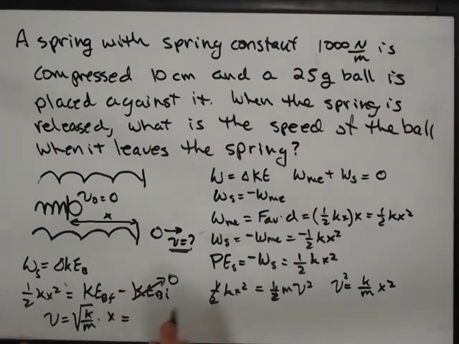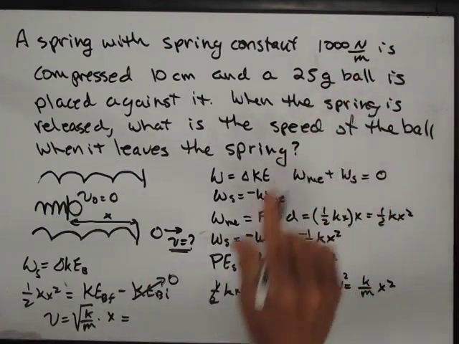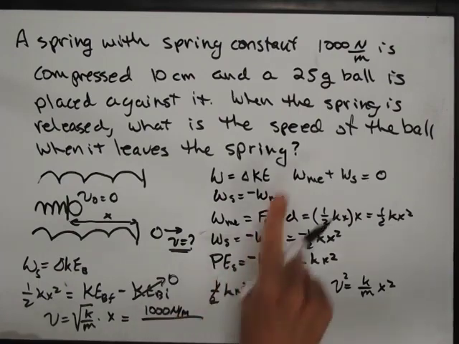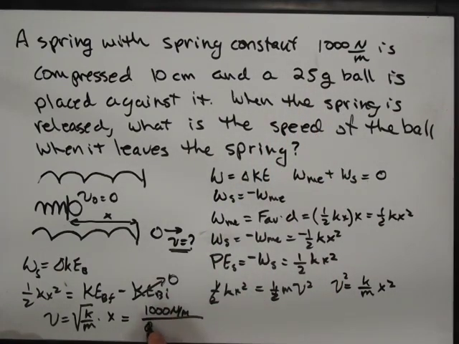And if I evaluate that, k over m is 1,000 newtons per meter over 0.025 kilograms, square rooted, times 0.1 meters.